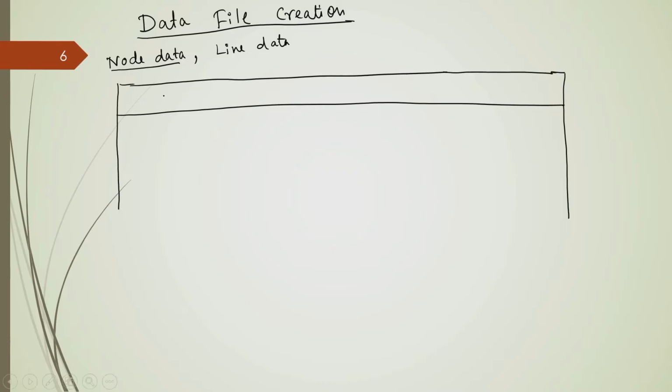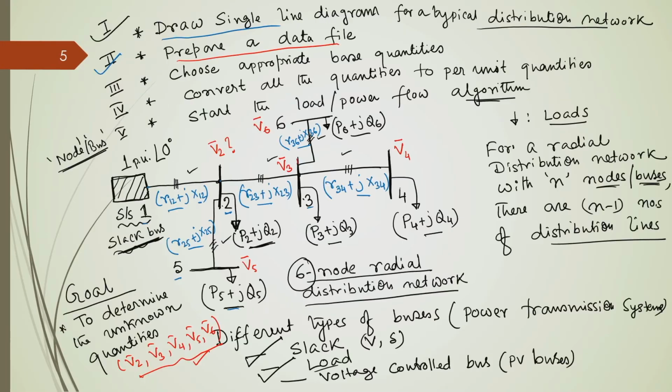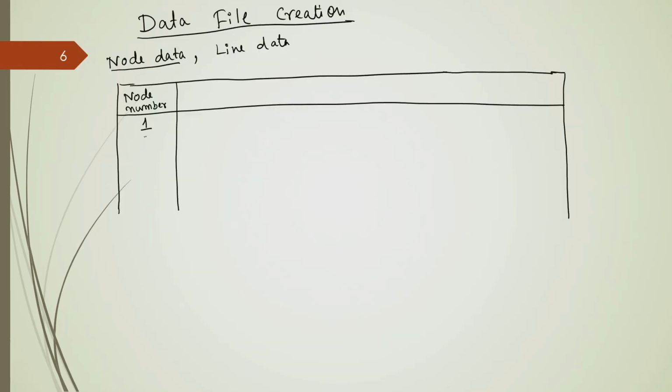The first column that I wish to keep is the node number. We have 6 different nodes, you can see it is a 6 node system. So, we can write node numbers as 1, 2, 3, 4, 5 and 6.